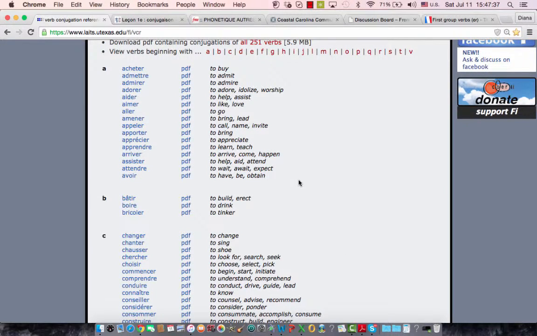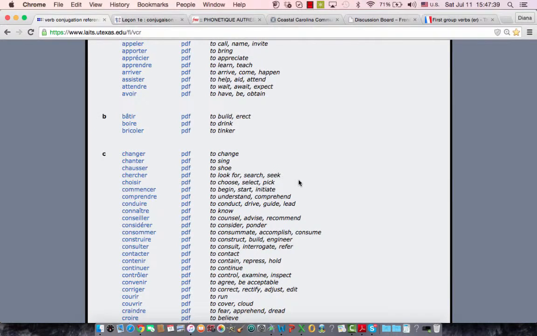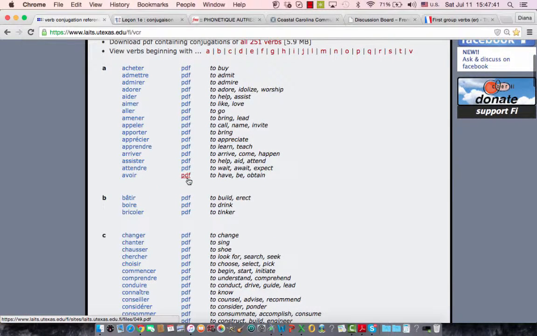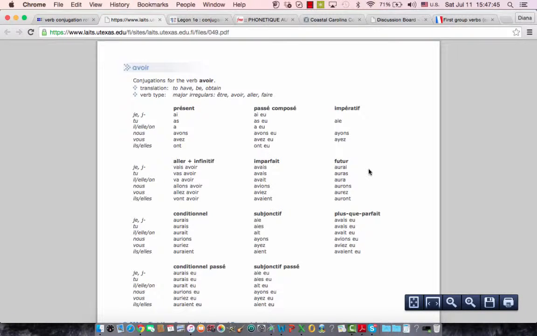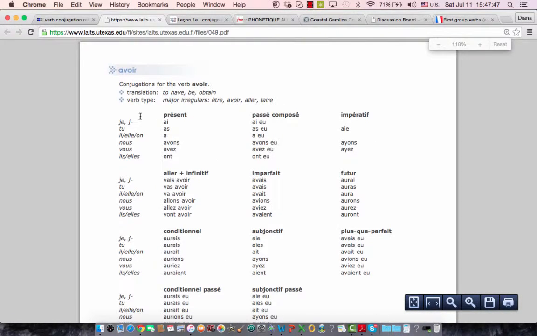Alors, as I was saying, I want to review the verb avoir. It starts with A, so here it is, avoir. It opens the PDF file. And I say in present tense, this is what we've learned. Donc, j'ai, tu as, il a, elle a, on a, nous avons, vous avez, ils ont, elles ont.